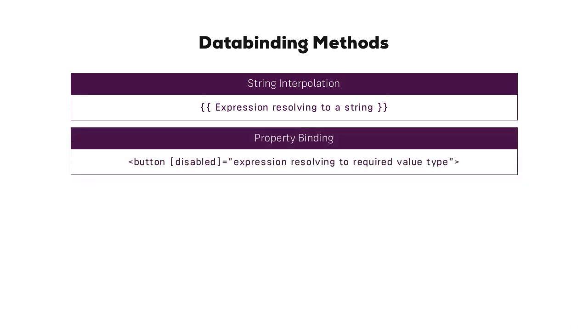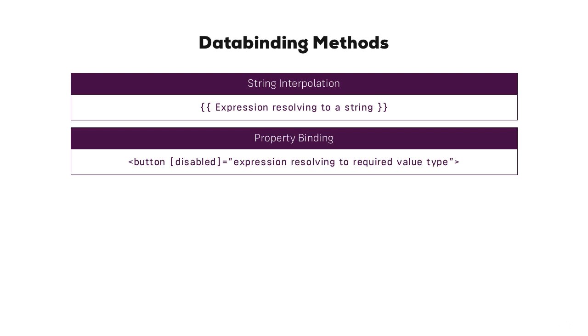Another way would be property binding. And property binding means you're binding, which means sending data to properties in your DOM, in your HTML code. Now there are different properties available, 3 kinds to be precise, and I will come back to that. One example would be to bind to the disabled property of a button. This is a normal DOM property.